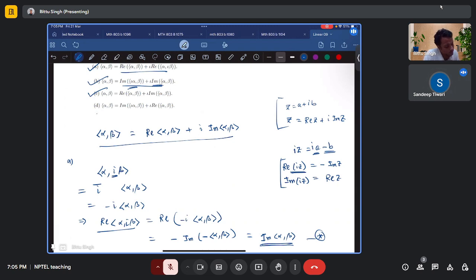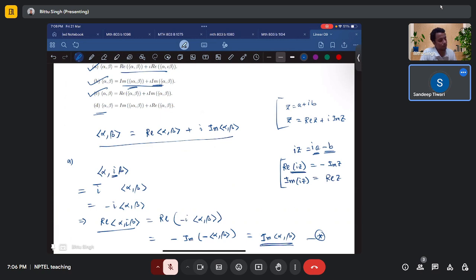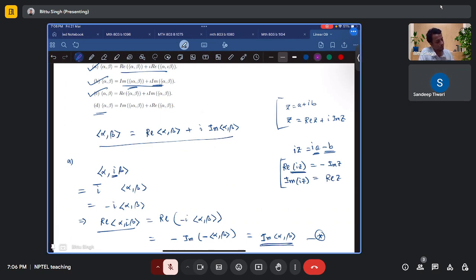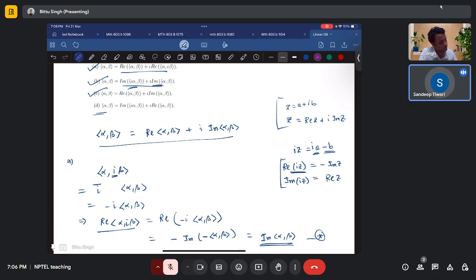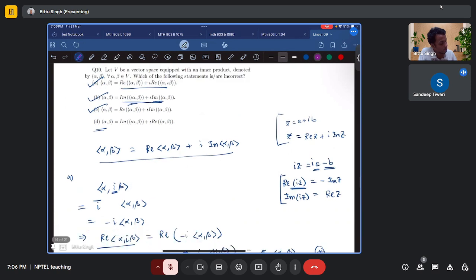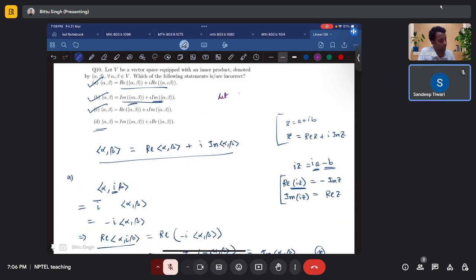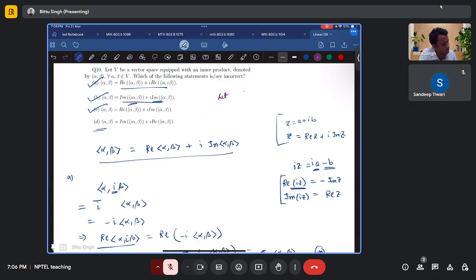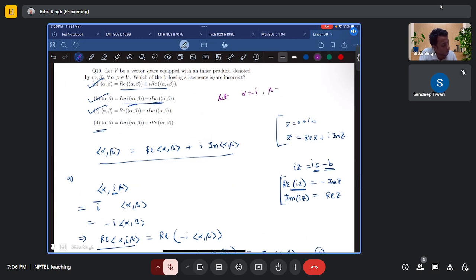Now what about the last one? It is not correct. Why is this not correct? Because we should write it as real alpha comma i beta. Instead of checking this, it is enough to produce a counter example. So if you take alpha equal to i, beta equal to i, then what is the inner product of alpha with beta?